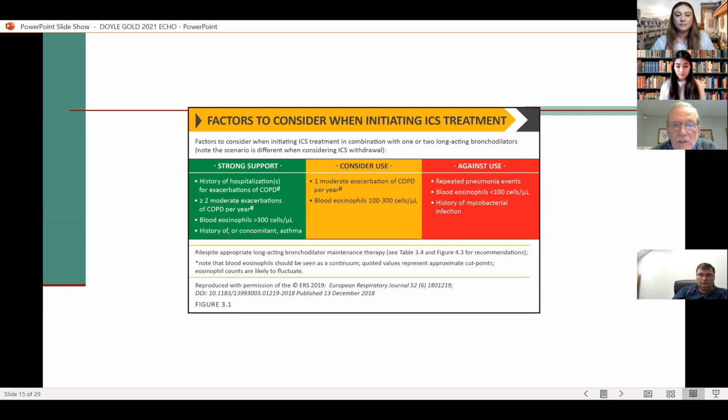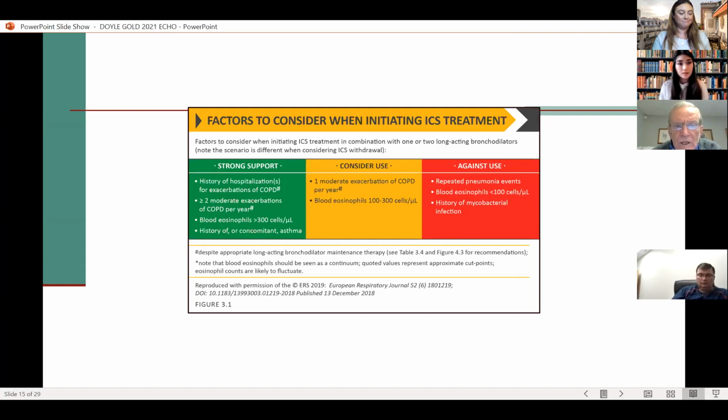Strong indications for using ICS, as you can see here in the green column, are that the person's been in the hospital with a COPD exacerbation, or they're having two or more exacerbations a year, or their blood eosinophil count is more than 300 cells per microliter. You don't usually get that in a simple CBC.